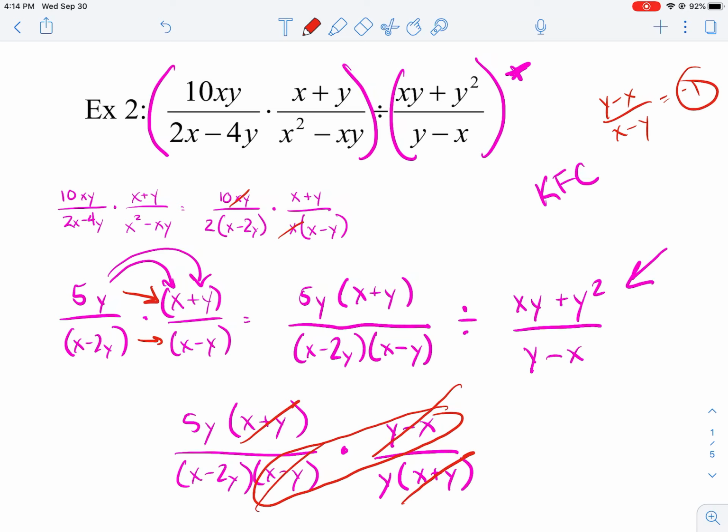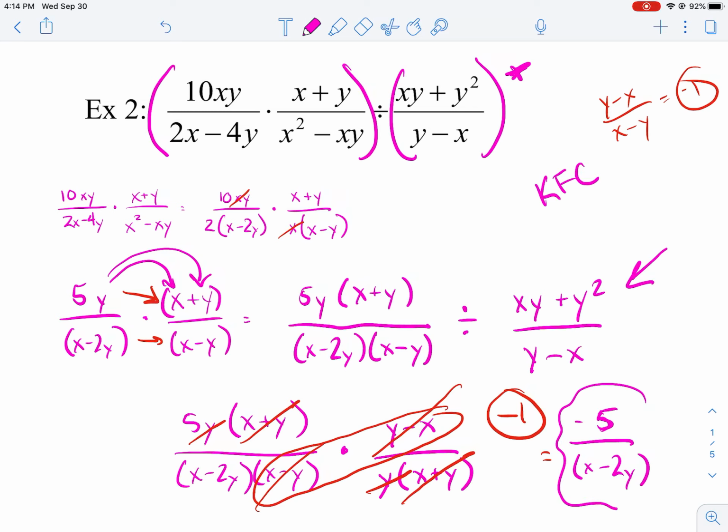So those go away, but just put that negative 1 at the top to remind yourself. Then also, these y's will cancel. And so finally, I am left with negative 5 all over x minus 2y.